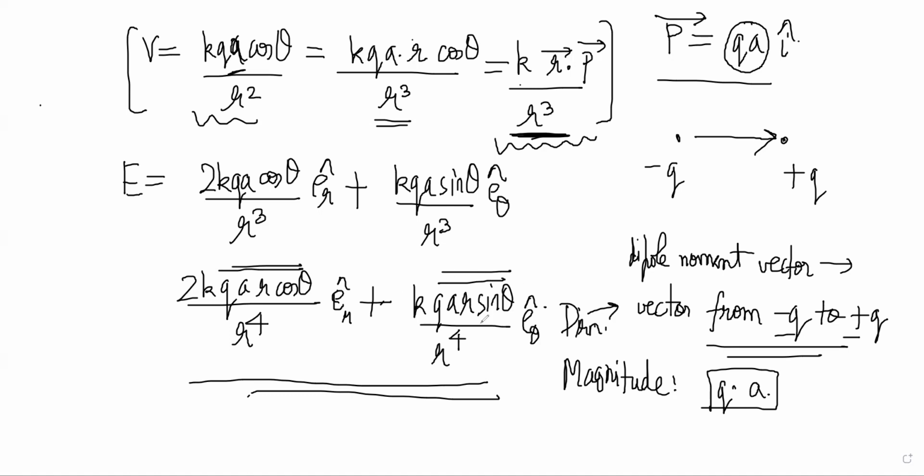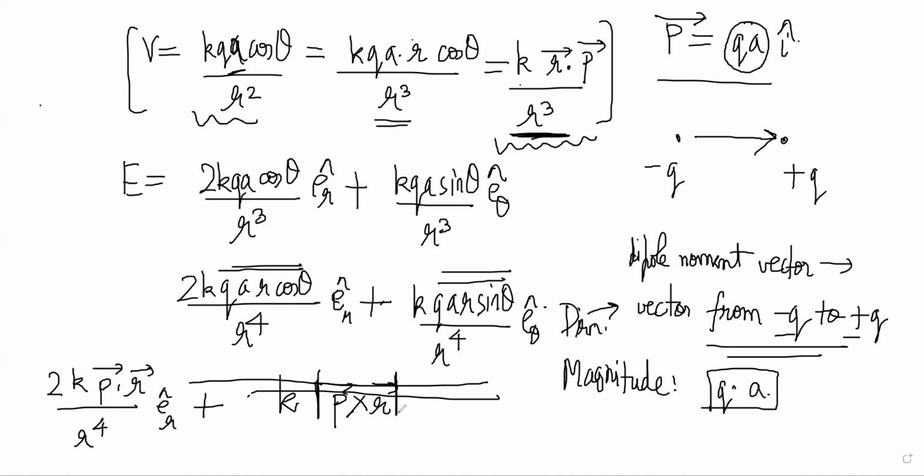But here you have a cross product, and you have to take the mod of the cross product. You are not writing the cross product as a vector, you're taking the magnitude of the cross product. You can say it is 2k p dot r by r power 4 r plus k, mod of p cross r, by r power 4 e theta.